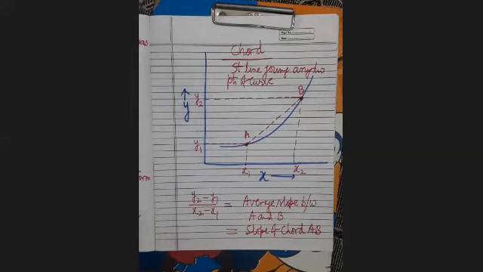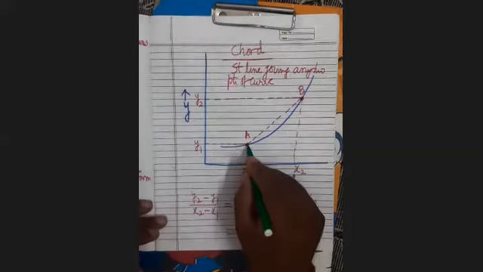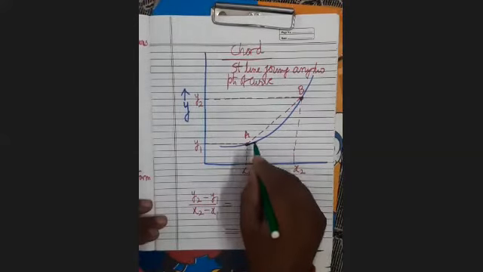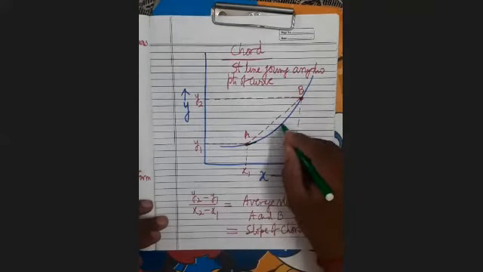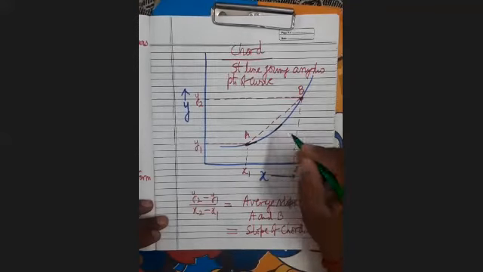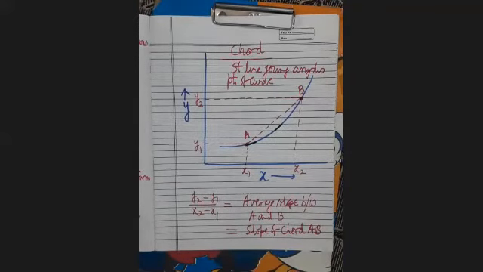So see here, if we consider only this portion of the graph, you can see it is a straight line. If we take only this much portion, it is a straight line.